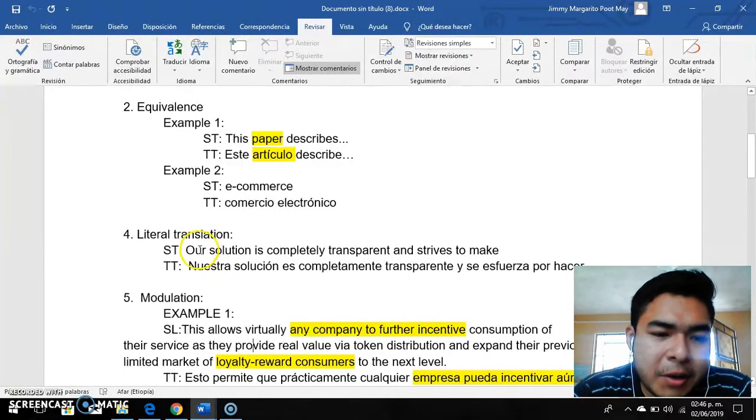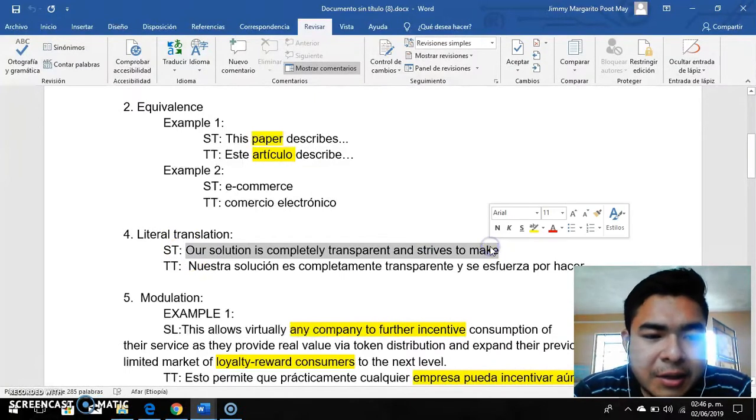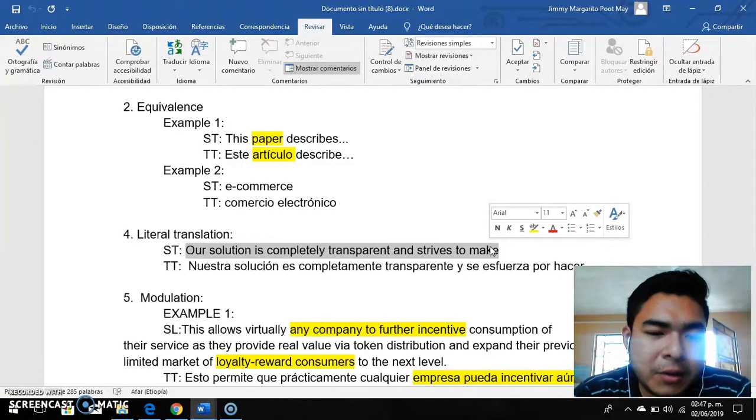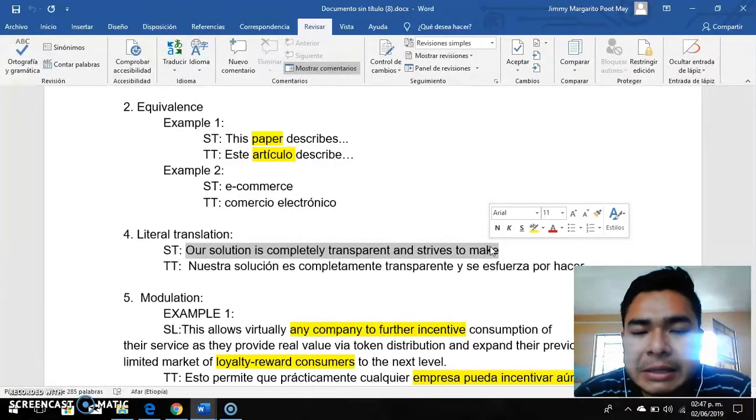So in this part, in the source text, I found that this part can be completely translated literally. For example, you can see that "our solution is completely transparent and strives to make", and I translated it literally because it doesn't affect the meaning.